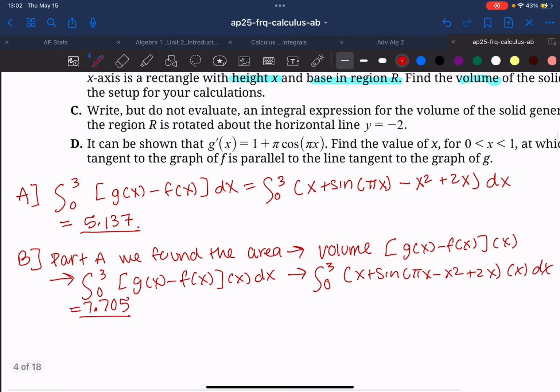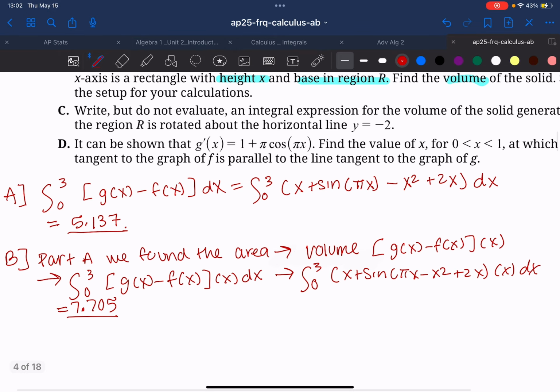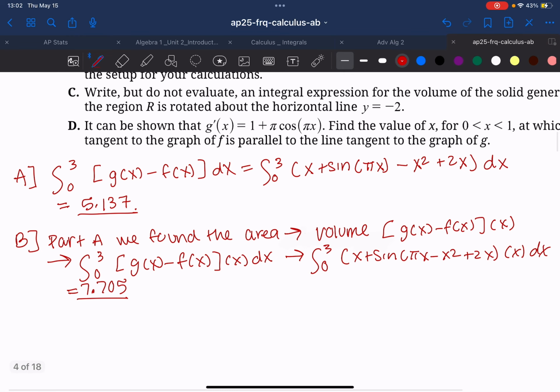Part C says write, but do not evaluate an integral expression for the volume of the solid generated when the region R is rotated about the horizontal line y equals -2. Okay. So for part C, if we're rotating it around that line, that means we're forming some type of circle around it.